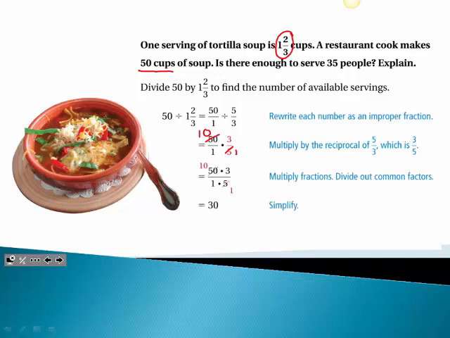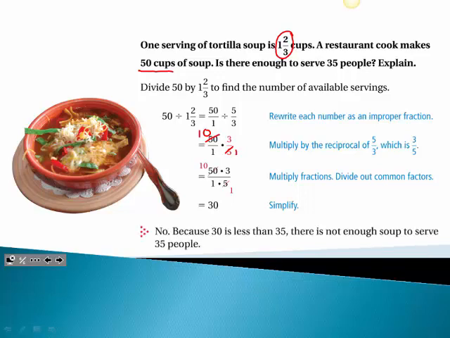Oh no! We only have 30 servings. Is there enough to serve 35 people? No. Because 30 is less than 35, there is not enough soup to serve 35 people. Notice it says, is there enough to serve 35 people? No, there is not enough soup to serve 35 people is the answer to that.